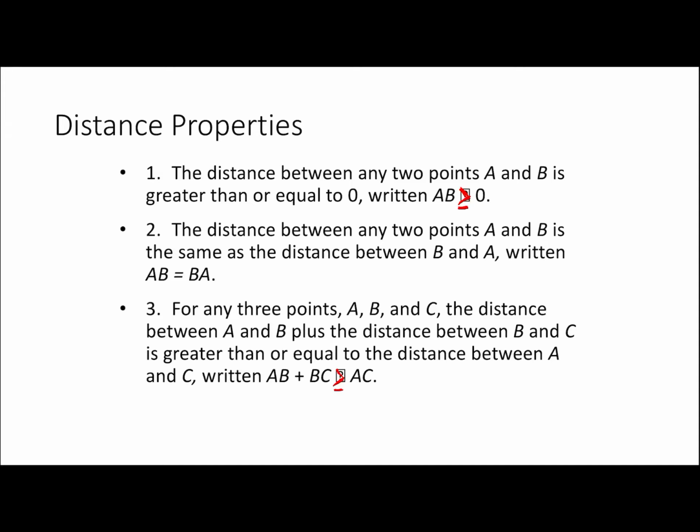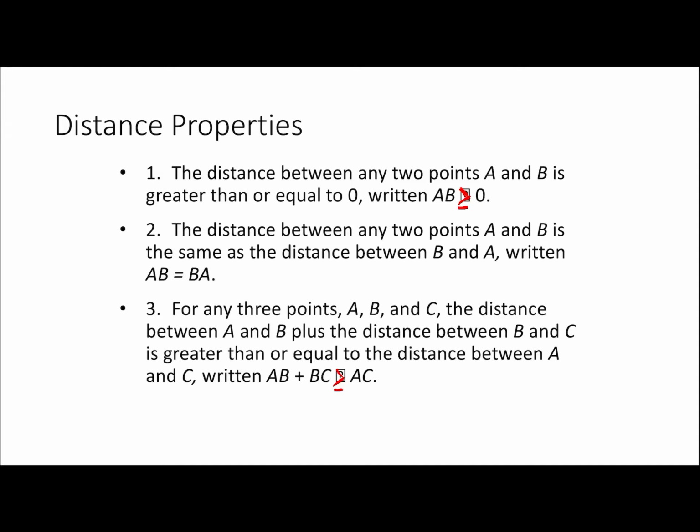And then the third property says for any 3 points, A, B, and C, the distance between A and B plus the distance between B and C is greater than or equal to the distance between A and C. And so we're going to see that when we talk about triangles.